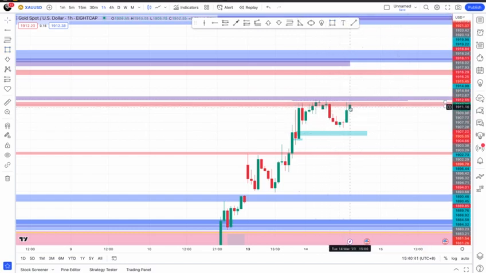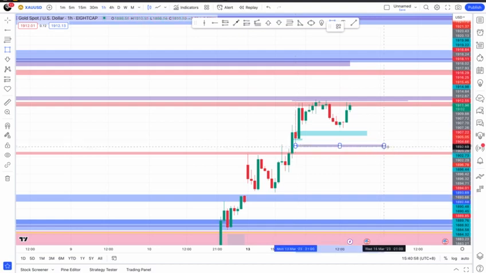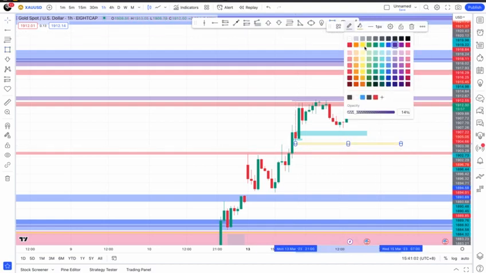It can be ranging around this area, but there's a higher chance for it to fly and break. So beware, those taking the sell: if you really want to take the sell, you need to make sure that the H1 has been broken first, which means that the H1 from this low needs to be broken, and then any retracement up.